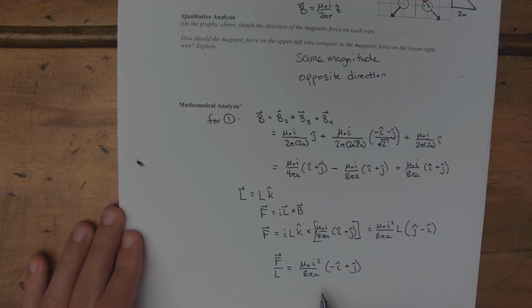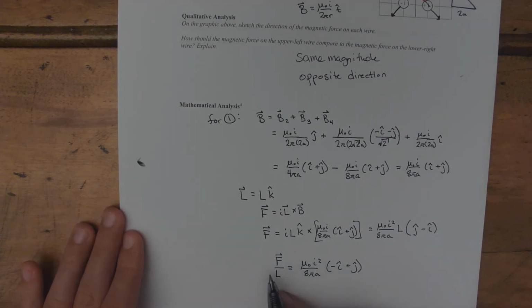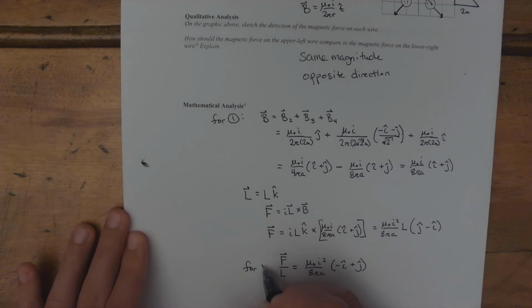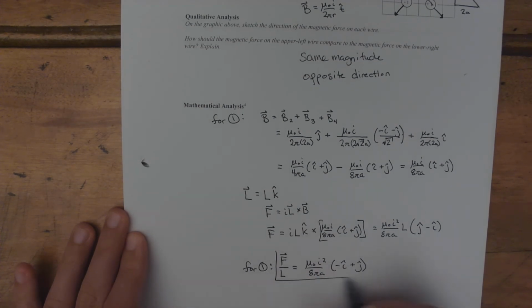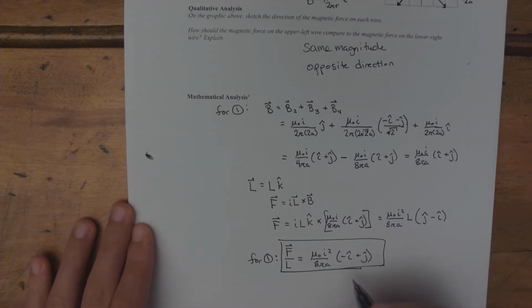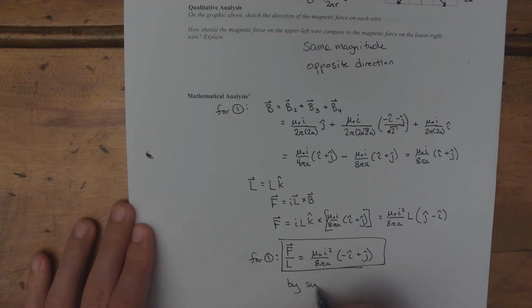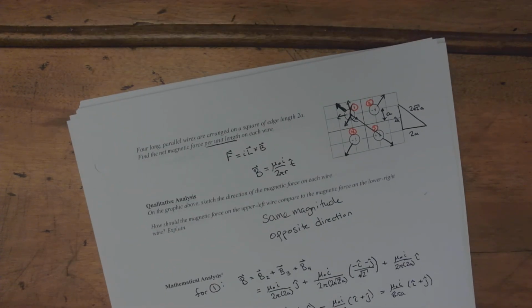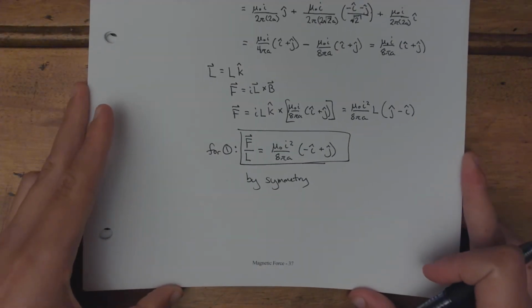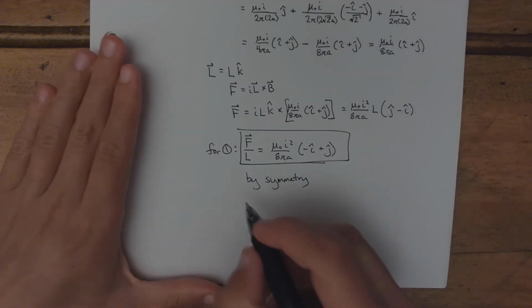So that looks good. So this is for wire 1, and then we can say by symmetry what the magnetic force per length is for the other wires.